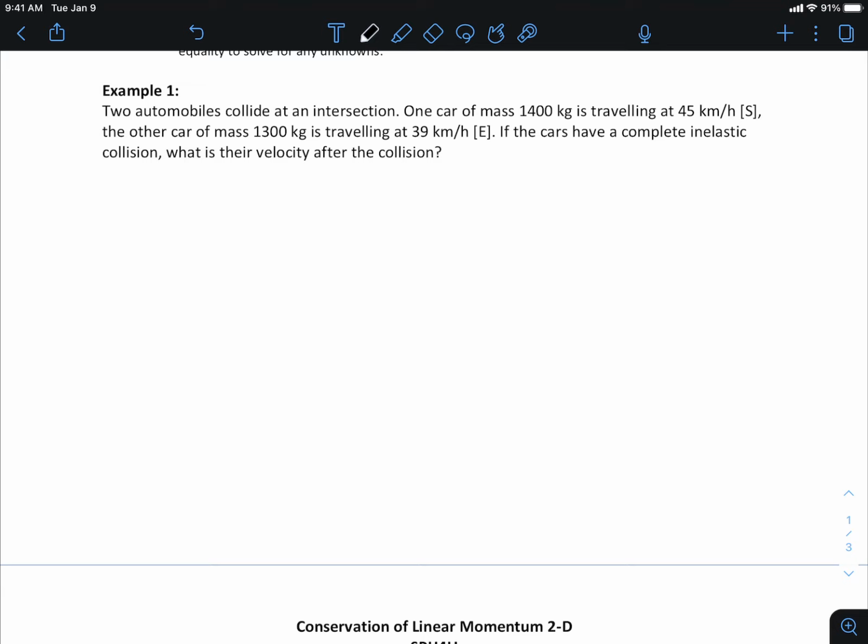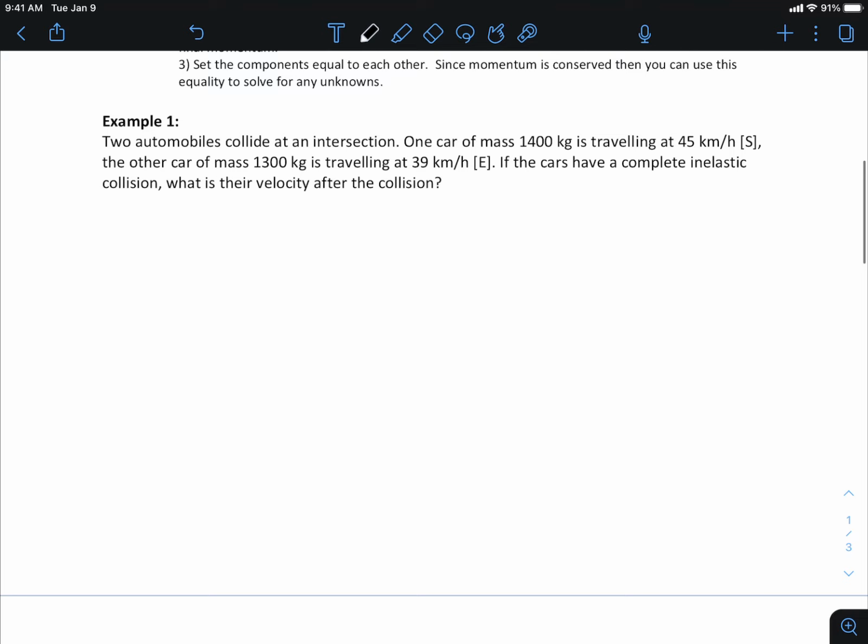So what we want to do here is tackle this first question. We're going to have 2 automobiles collide in an intersection. One car of mass 1,400 kilograms is traveling 45 kilometers per hour south, and the other car of mass 1,300 kilograms is traveling 39 kilometers per hour east.